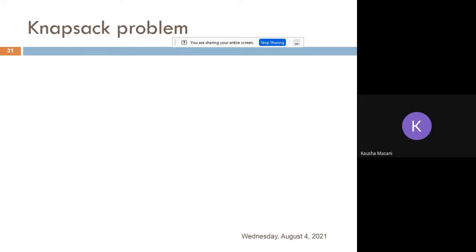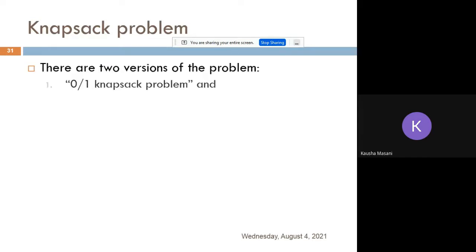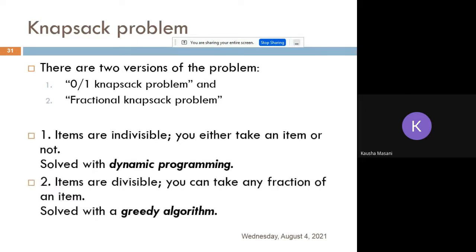We can also solve this knapsack problem with the method of branch and bound and backtracking. In branch and bound, we have a whole unit, so there also we are going to see this same problem. But this problem has four approaches, and versions of this problem are two: one is the 0-1 knapsack problem, and the second one is the fractional knapsack problem.